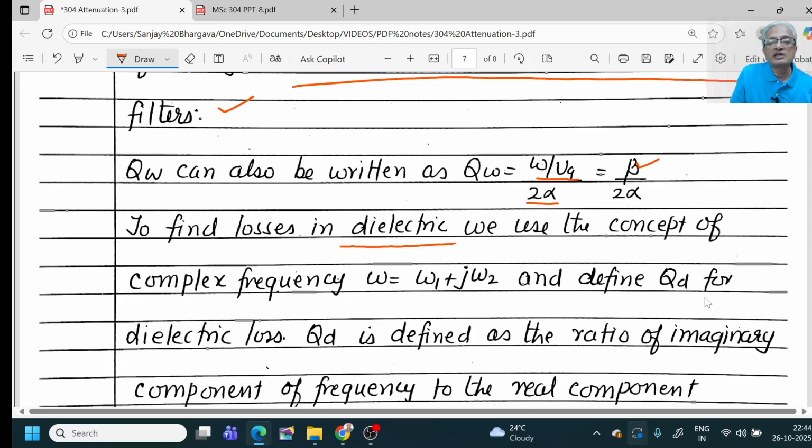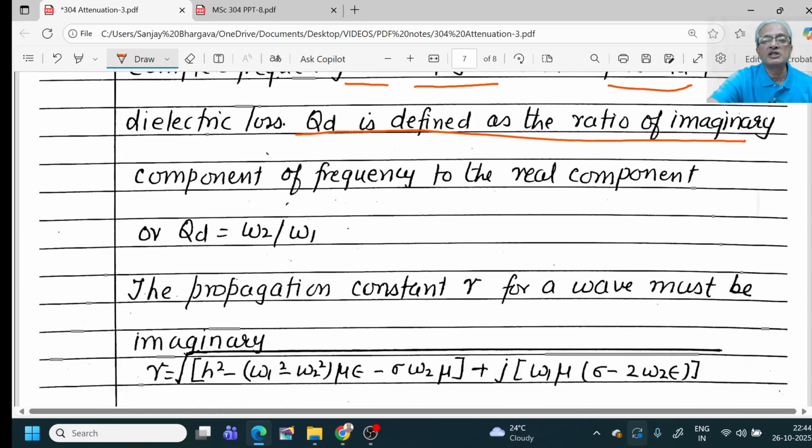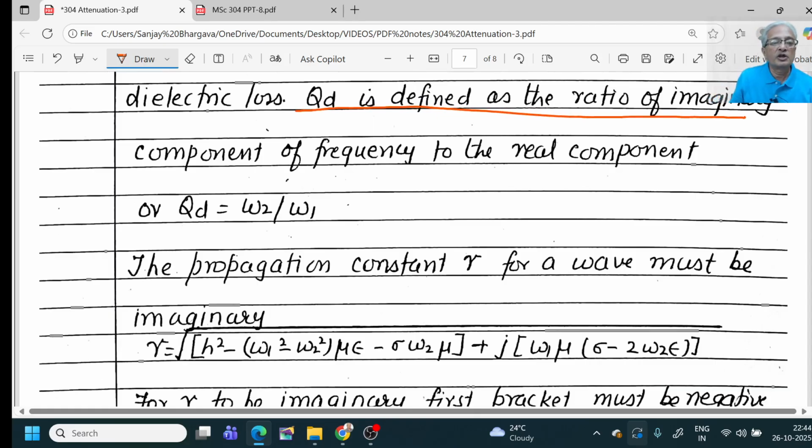To find losses in the dielectric, we use the concept of complex frequency. Omega is equal to omega 1 plus j omega 2, and define QD for dielectric loss. QD is defined as the ratio of imaginary component of frequency to the real component. So QD would be equal to the ratio omega 2 upon omega 1.